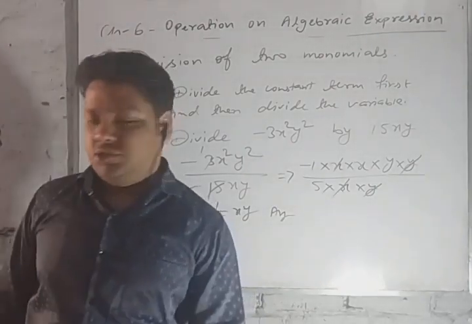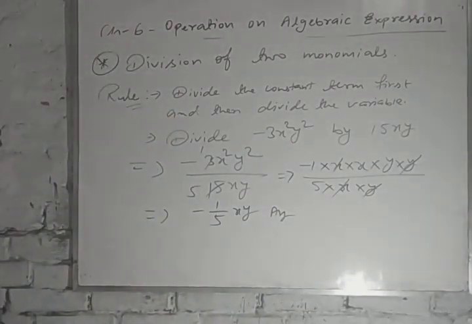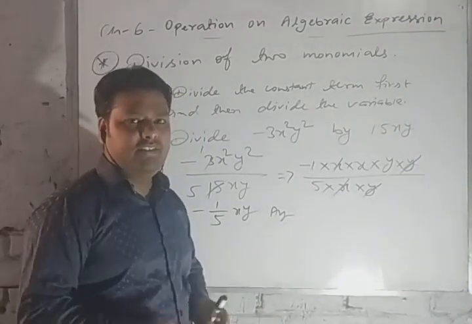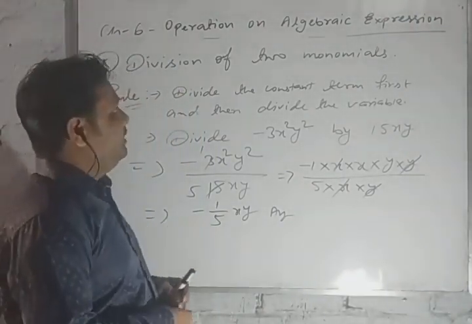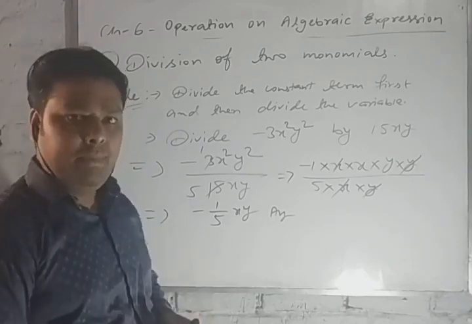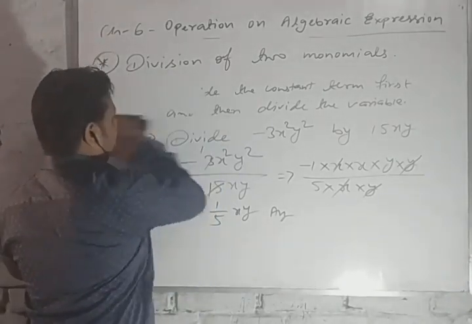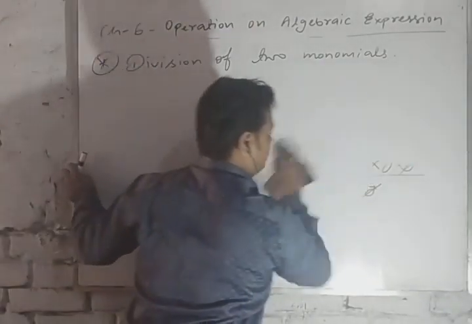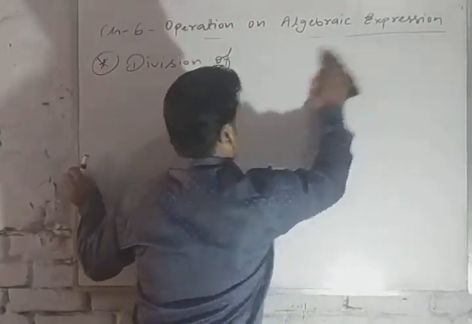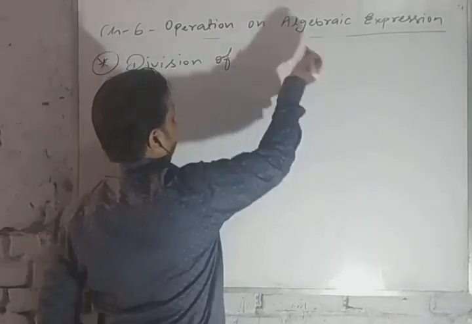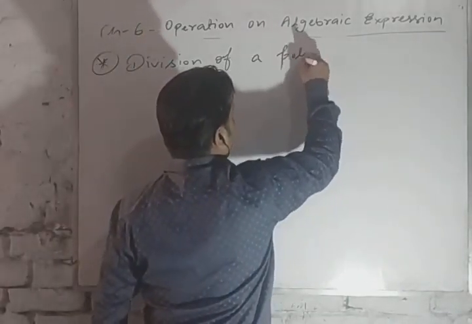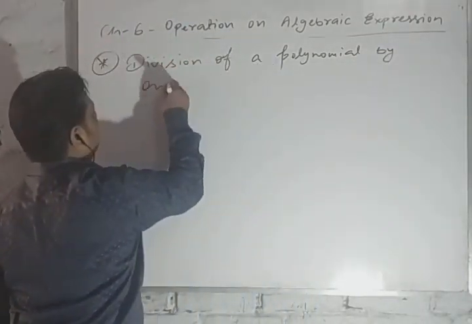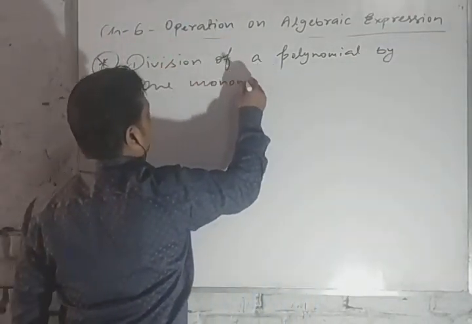Now students, let's see how to divide. Leave another example. Now how to divide any one polynomial by any monomial. Okay, so let's see. Division of a polynomial by one monomial.